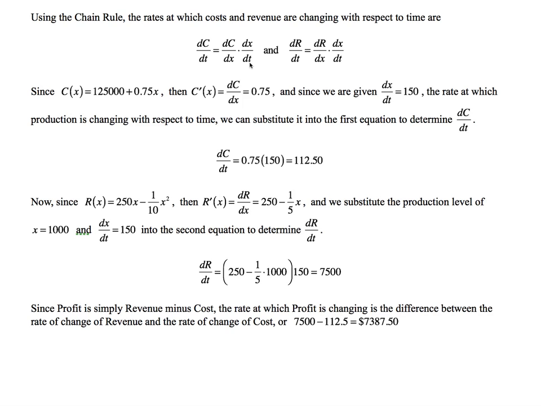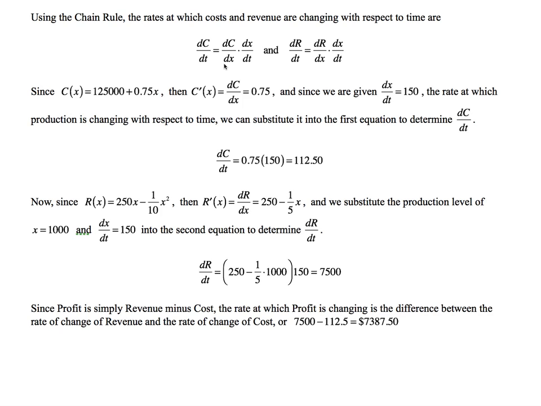Here's how we determine the rate at which revenue is changing with respect to time. We multiply dR/dx times dx/dt. This is the rate at which revenue is changing with respect to quantity times the rate at which quantity is changing with respect to time.